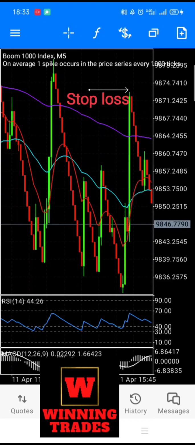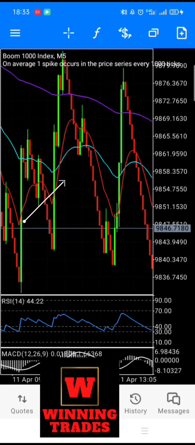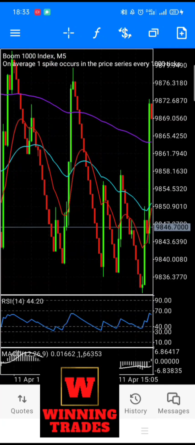Okay, now once the 50 EMA, which is the blue moving average here, is close to the first Fibonacci extension, that is the 161.8 Fibonacci extension, consider closing your profit just in case there is a spike.